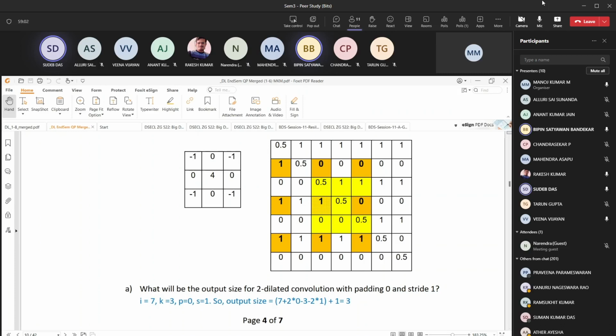So if you observe here, when you overlay the filter on top of the input, the filter size has increased to 5 by 5 instead of 3 by 3 because of the dilation.